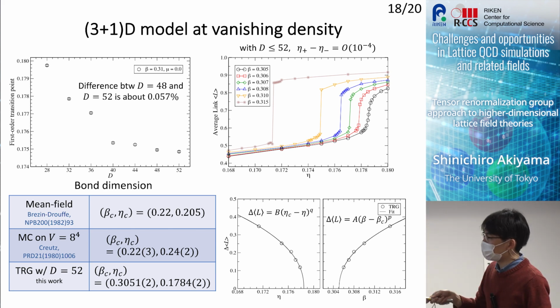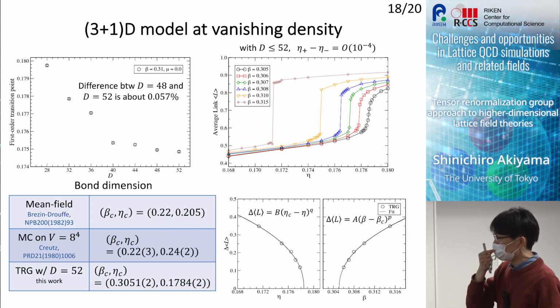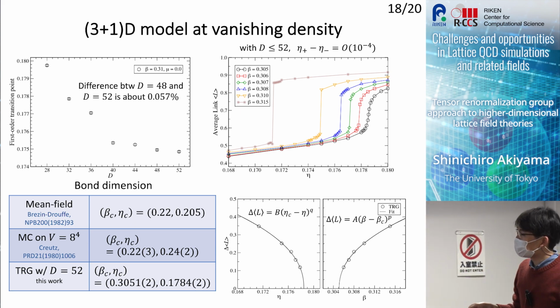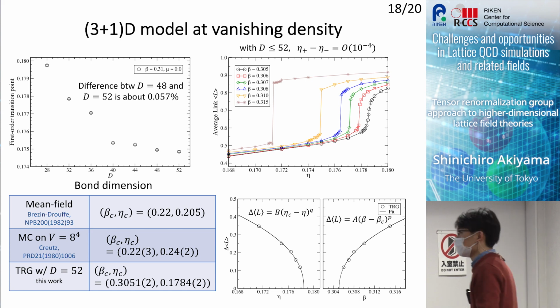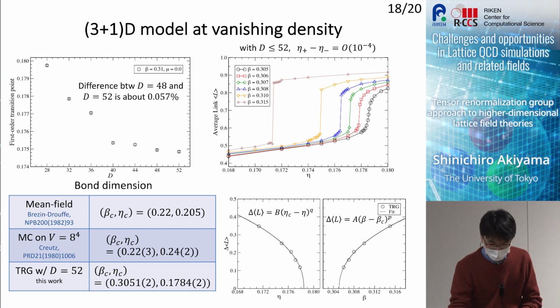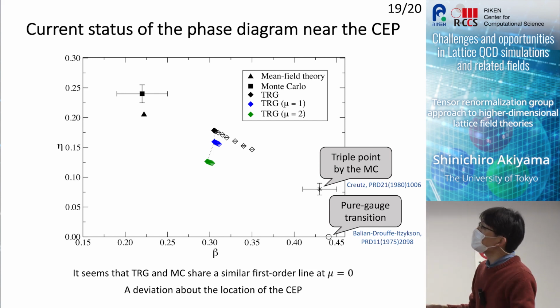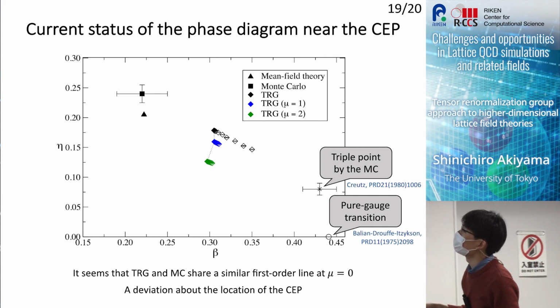And here I'm showing similar results obtained by the mean field or the Monte Carlo results in 1980 for comparison. And actually the resulting critical endpoint obtained in this work shows a deviation from these results. So here is the same result, but I think this is better. So this is the current status of the phase diagram near the critical endpoint.